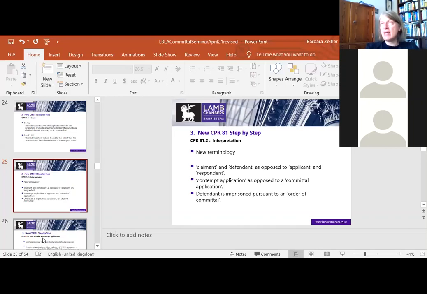Whether that language makes the contempt procedure so much more accessible, I'm not so sure, and I think we can be certain that probably the use of the word committal will survive for a very long time.